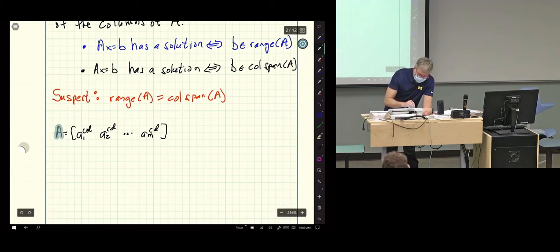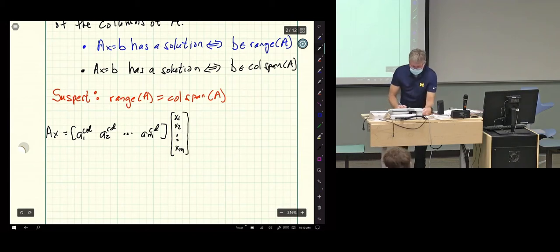And I'm going to do this as AX, so I apologize. I can do that easier than you can with your notes. And I'll write this as X1, X2, XM. So that's A times X.